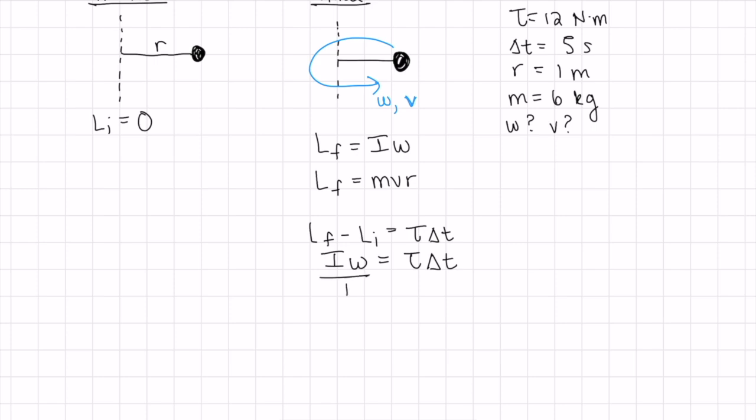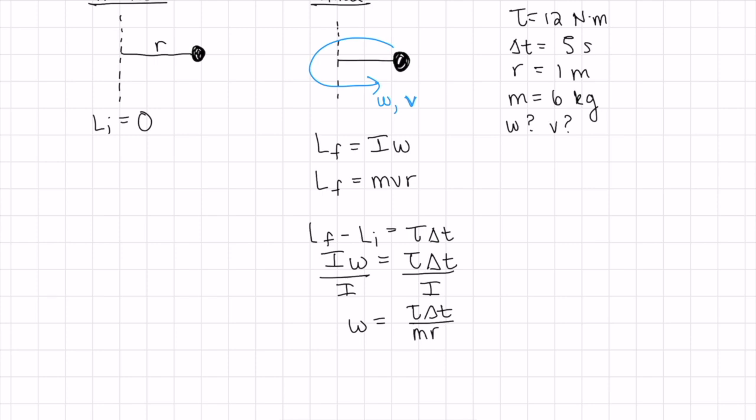Then to get omega by itself, we'll divide by the moment of inertia. And then we'll substitute in that the moment of inertia for this situation is going to be mr squared. At this point, we can plug in our numbers.